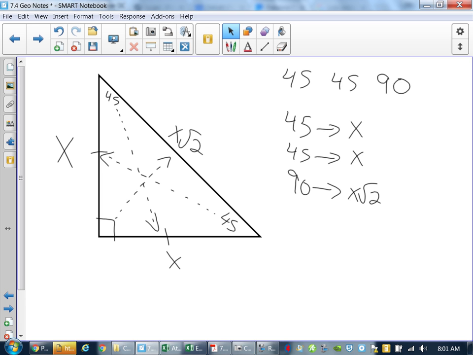So what happens is, if I know that this side is 7, I look at my algebra jig, 45, 45, 90. Across from here is this. So across from what part do I know?